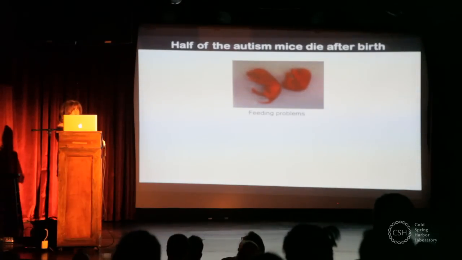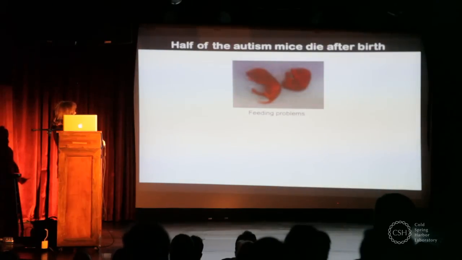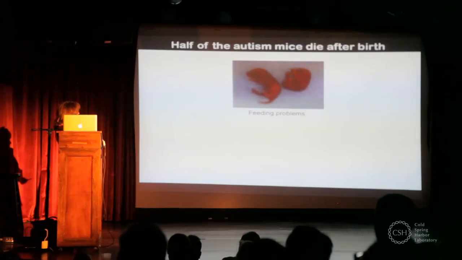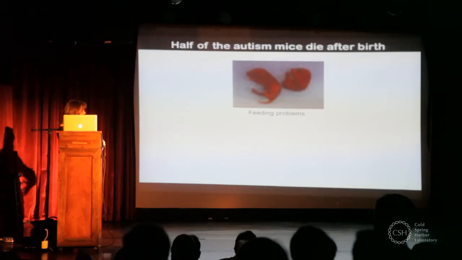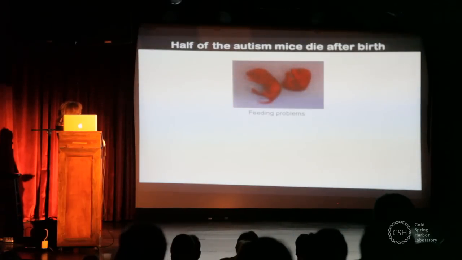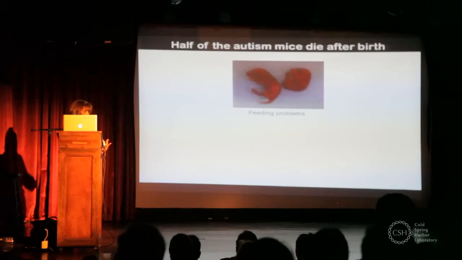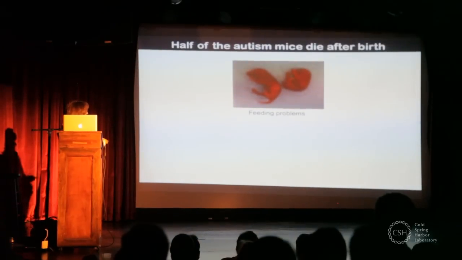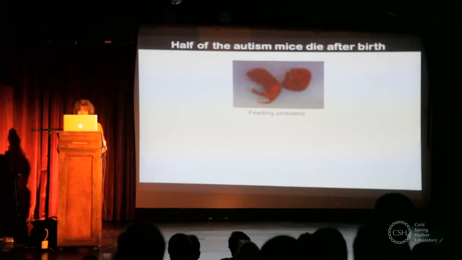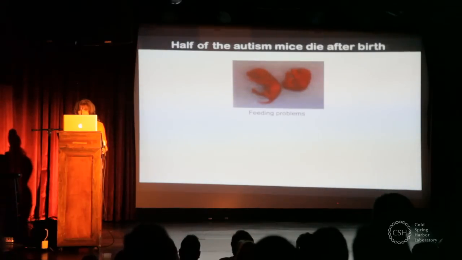And we think, and we're working on this, that these pups, shown here is a deletion, an autism model, are lacking something. A normal mouse here, you see, suckles from the mom, and there's this little milk patch in the belly. You can see it's like a little white reflection. You don't see that in some of the deletion mice. So we think these mice might have problems suckling from the mother.